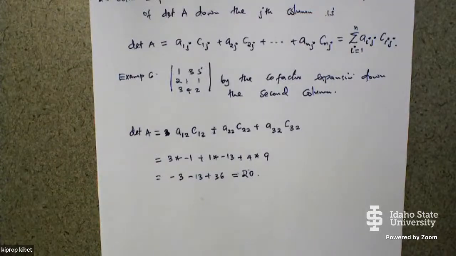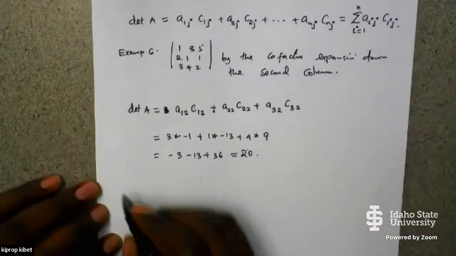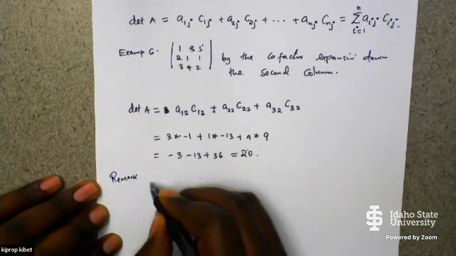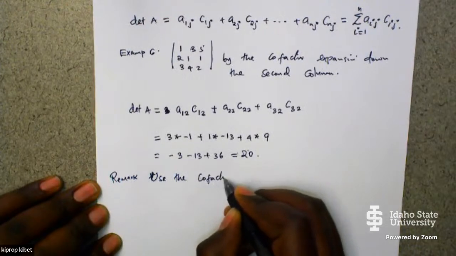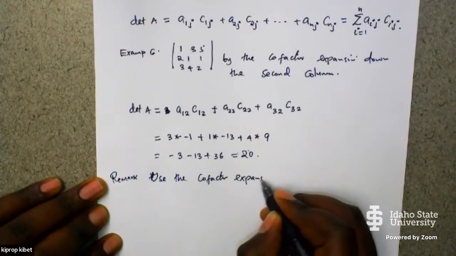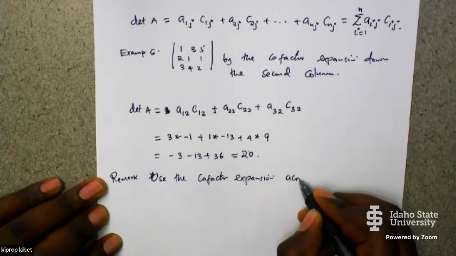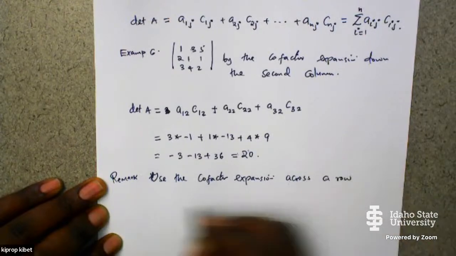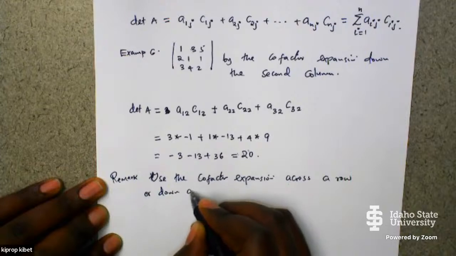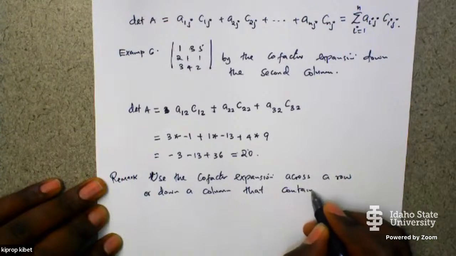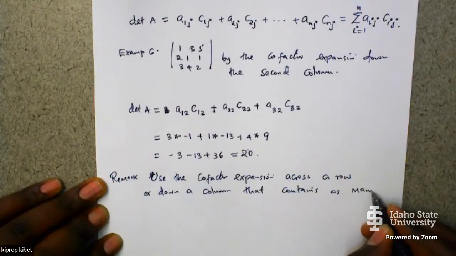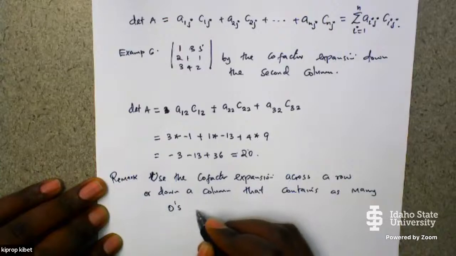So you can use a column, or you can use the first column later. The remark is: use the cofactor expansion across a row or down a column that contains as many zeros as possible.